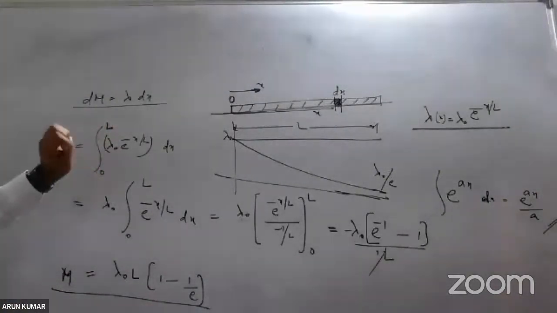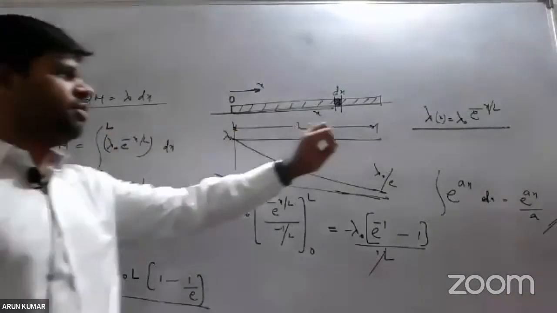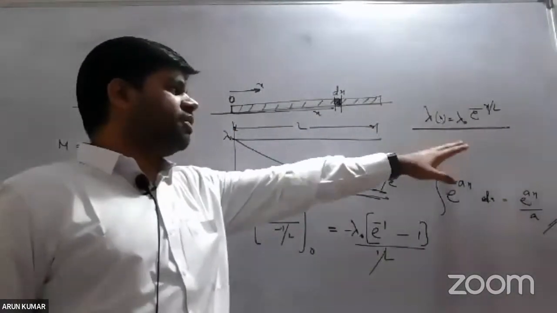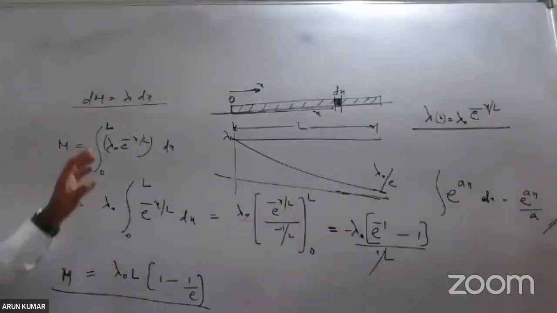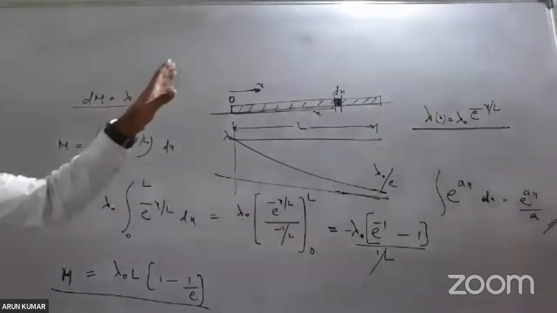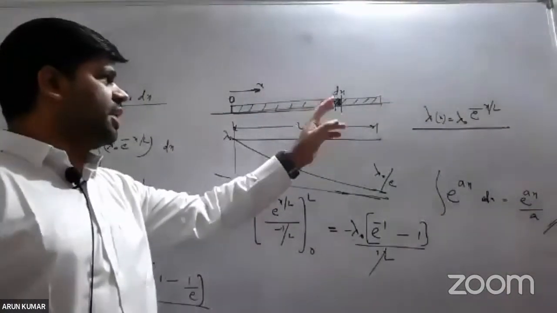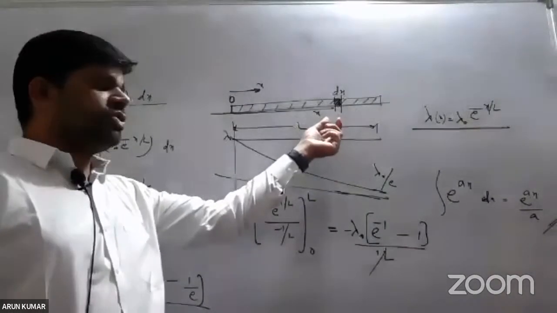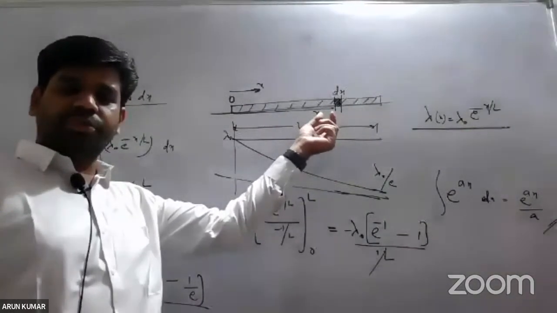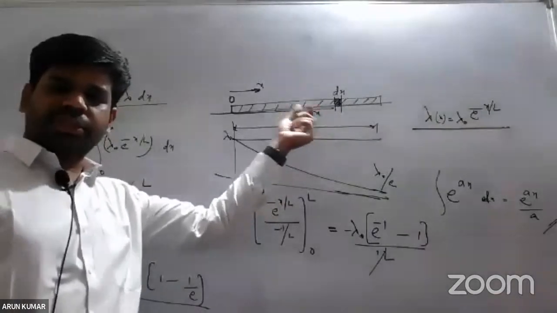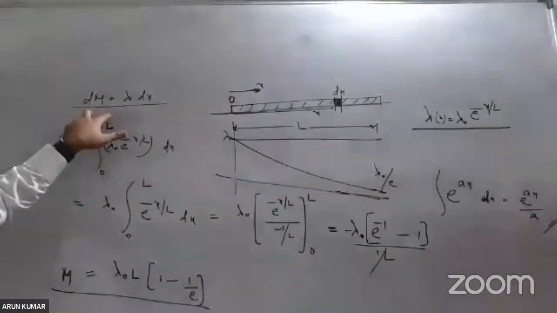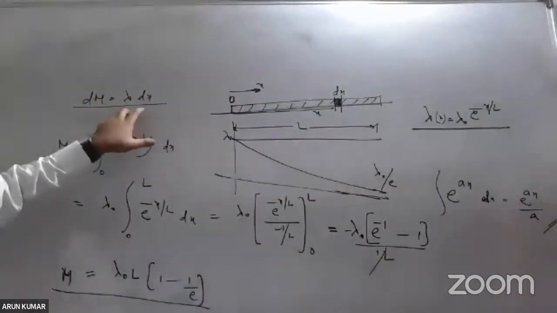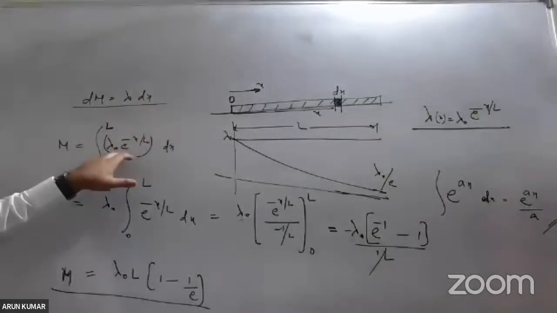Now, if I give you some other function, will you be able to do it? If I give you some lambda of x instead of e power minus x by L, how do we do it? I'll write dm. I'll chop this into an infinite number of infinitesimal pieces. I'll take dx to be so small that I can treat lambda to be constant in that region. Because it's constant, I can write dm is equal to lambda times dx, where I substitute the function for lambda.